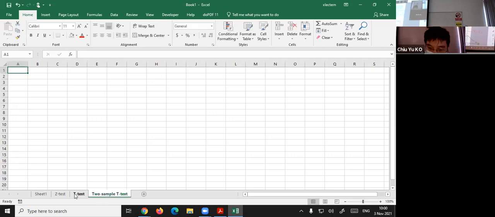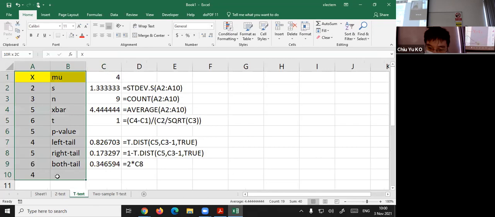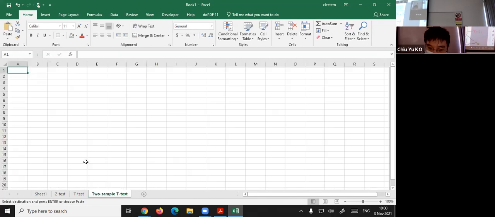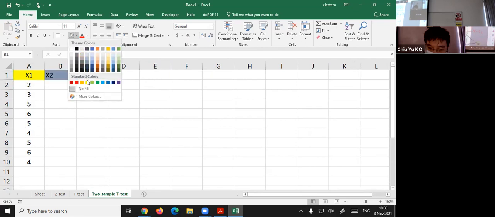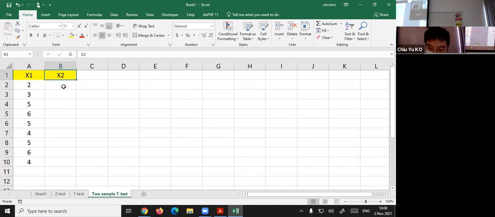So what I'm going to do is I just get the x1 here and I have x2 here. What data we want, just randomly put some numbers. You can put whatever number you like.